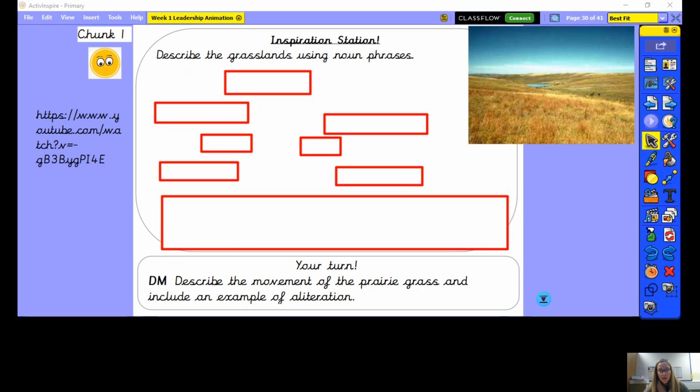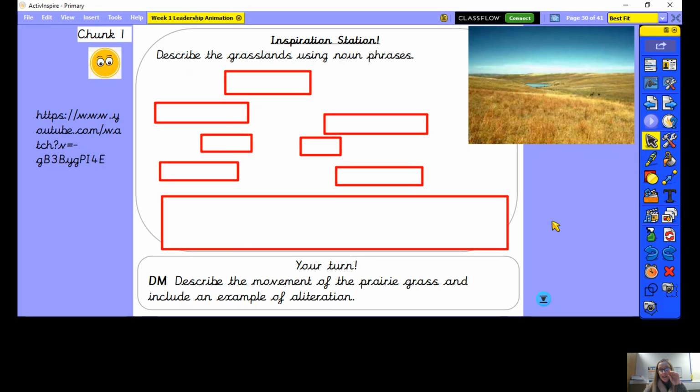So what can you see amongst the grassland? What can you hear? What do you think's hiding? Okay, pause the video while you write down as many different noun phrases that you can think of.